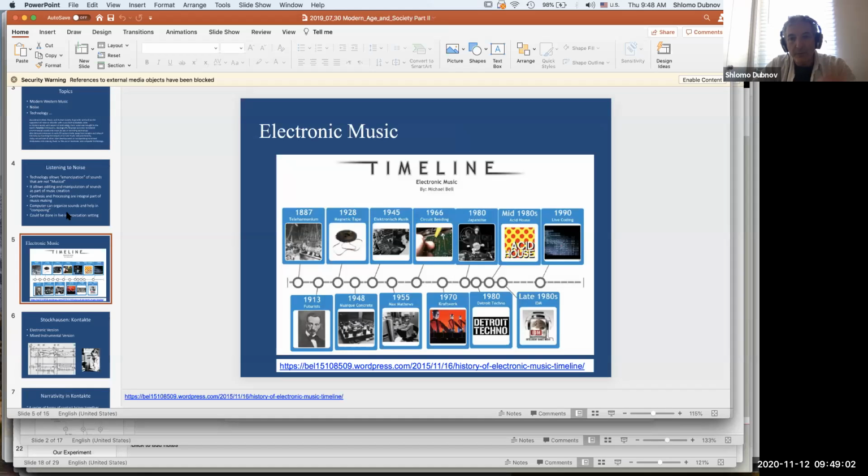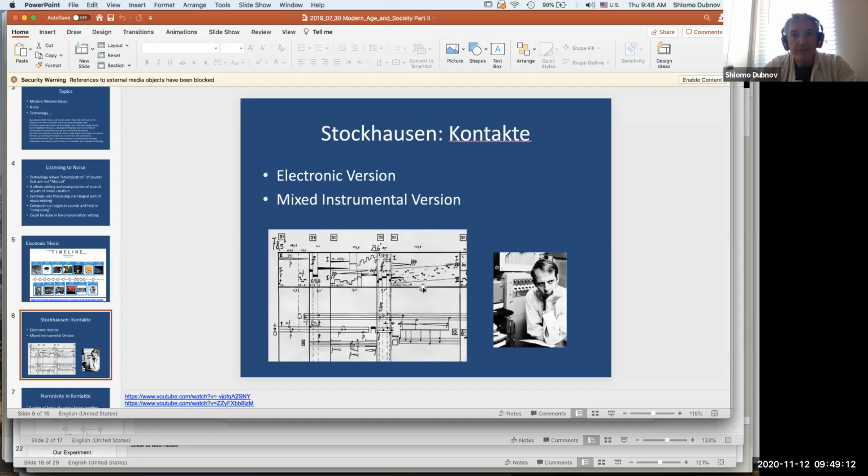We have this timeline where more and more technological developments allow us to break away from organizing sound in traditional ways. So here is this piece Kontakte, and I'll talk about the mixed instrumental and tape version.